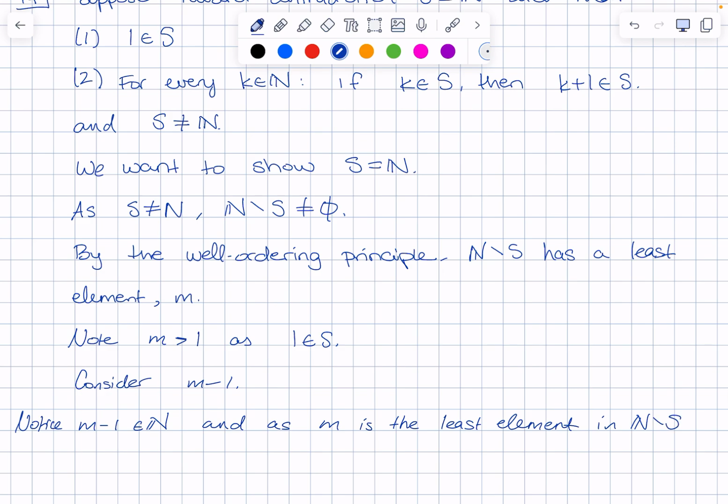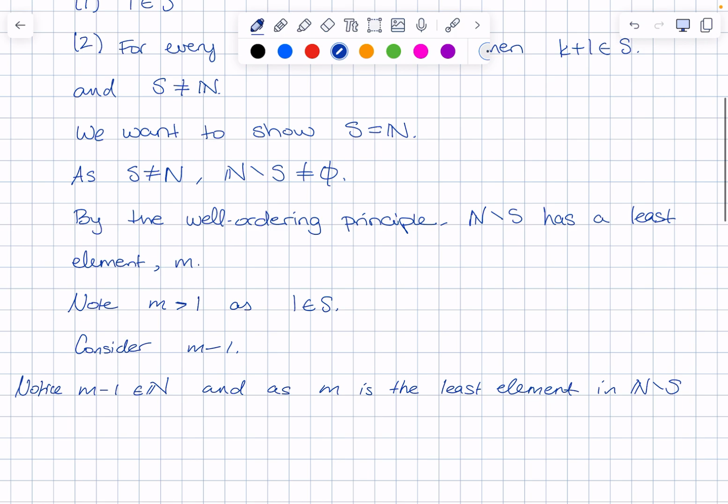So M is the least element in N minus S. So what does that mean about M minus 1? It's in S. Okay, so we've used our first condition.